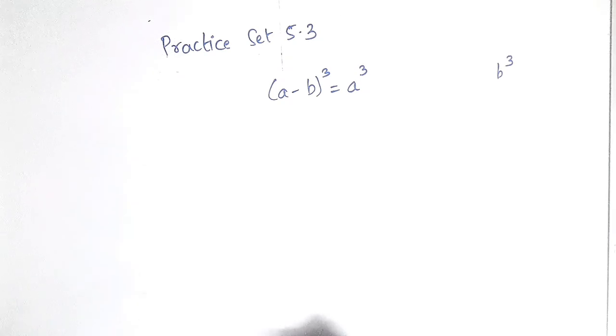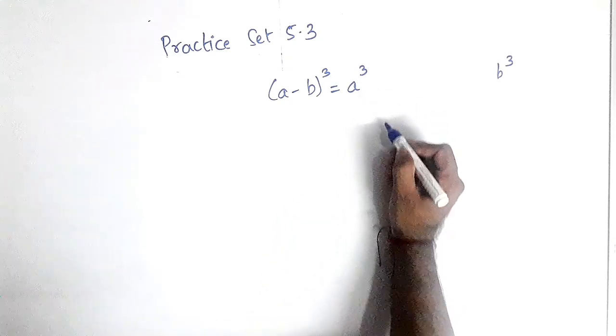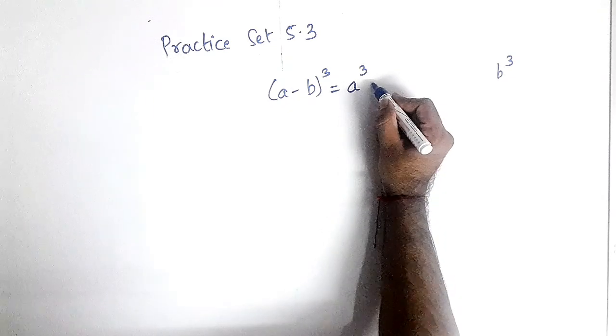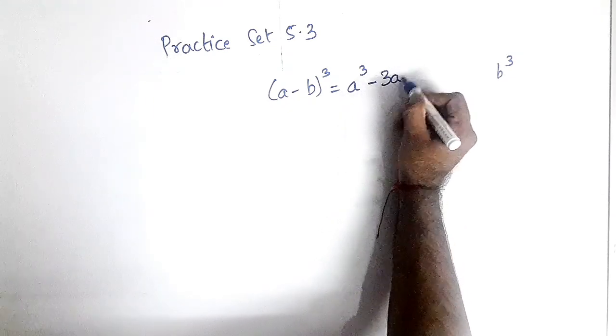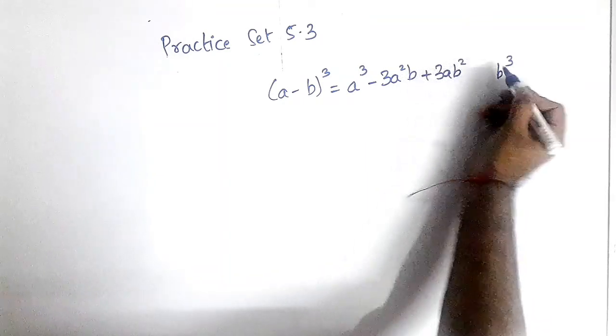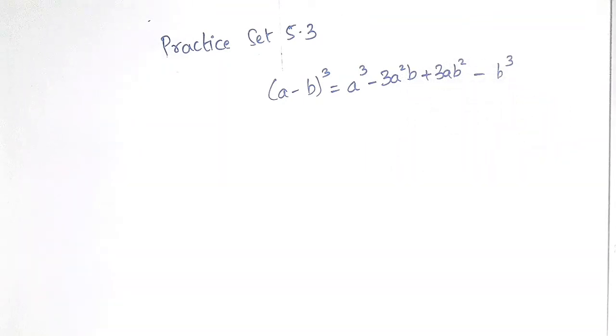And we write here 3a square b, 3ab square, that is also the same, only the signs are different: minus 3a square b plus 3ab square minus b cube.